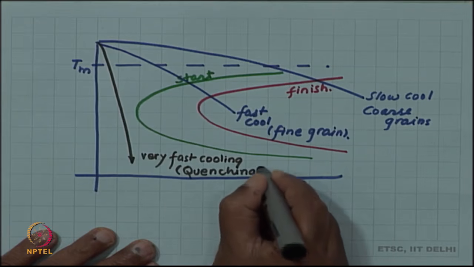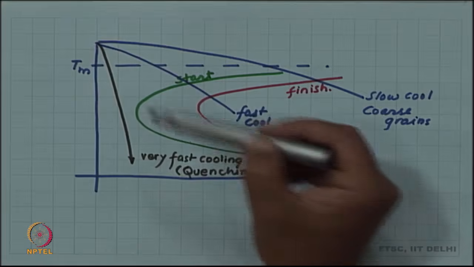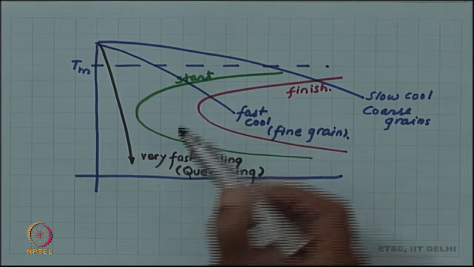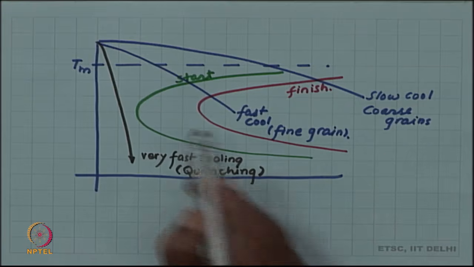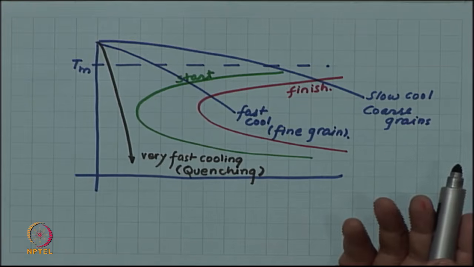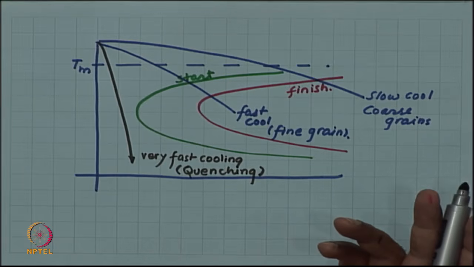So, if you cool something very fast, you are quenching the material. So, if the liquid is quenched so fast that it even misses the nose of the start curve, the solidification is never starting in this liquid. So, what will happen? What will be the end product?